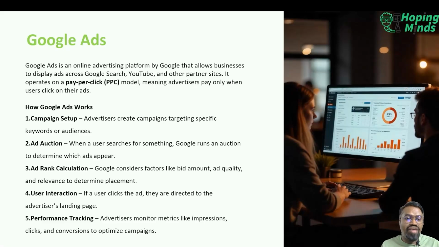In that case, I would gradually increase the budget. Once I increase the budget, I see my stats, right, whether I am coming on the first page, whether I'm coming on the second page. If I'm coming on the second page, then where am I ranking accordingly?